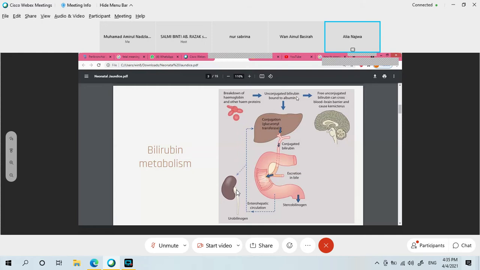So in order for it to reach the liver, it has to bind to albumin, and albumin is basically the transport protein. When it reaches the liver, it is taken up by the hepatocytes, and later the unconjugated bilirubin is converted into conjugated bilirubin or direct bilirubin by the process known as conjugation.